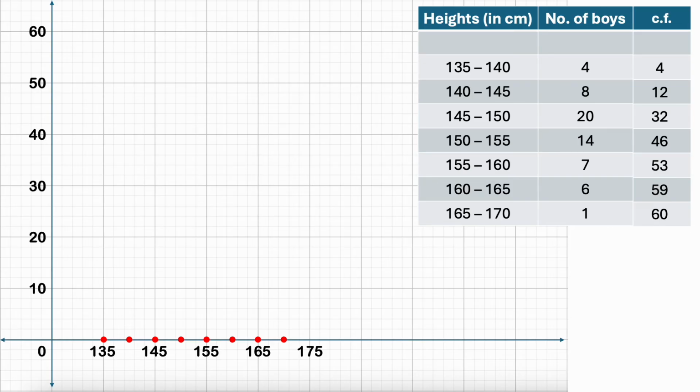So first point is 135,0 that stays on the x-axis. Second point will be 140,4. Third point will be 145,12. Next point 150,32.